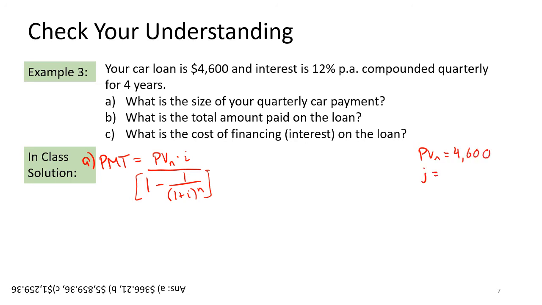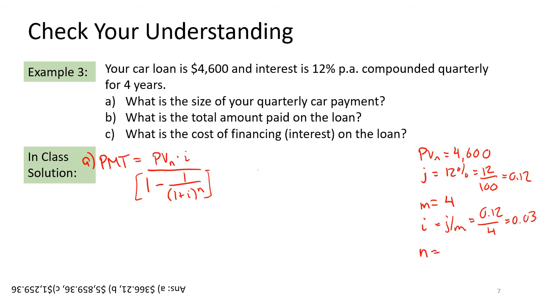Your nominal interest rate, J, is 12%, which is equal to 12 divided by 100, or 0.12. M, your number of compounding periods, is compounded quarterly, so M is 4. So your periodic interest rate, I, which is J divided by M, is 0.12 divided by 4, or 0.03.